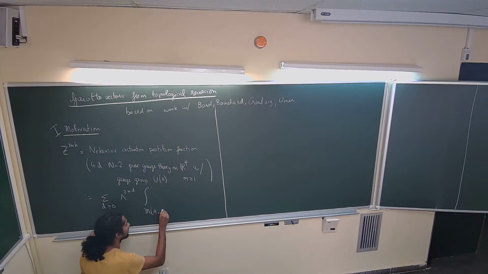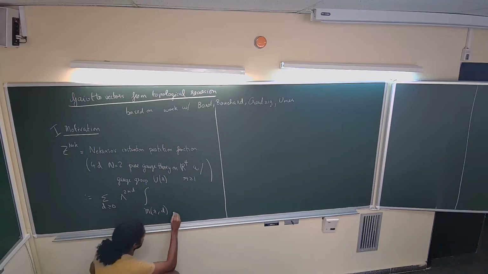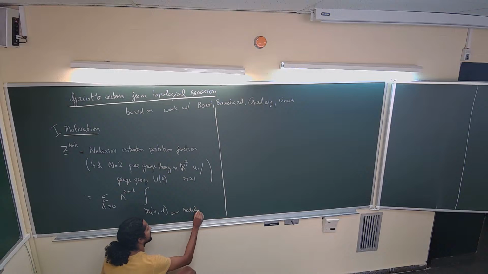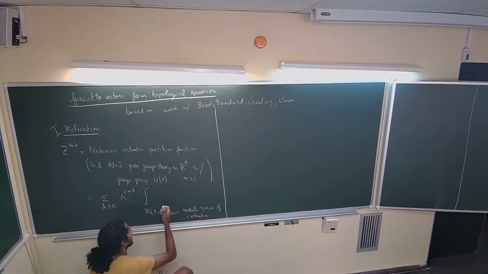I'll denote that as M_{R,D}, and I'll give a definition later. So this is the moduli of instantons, and I integrate on this moduli space the fundamental class, denoted 1.